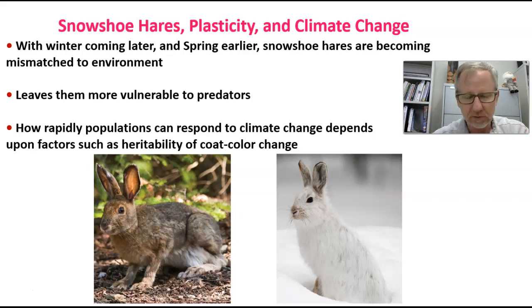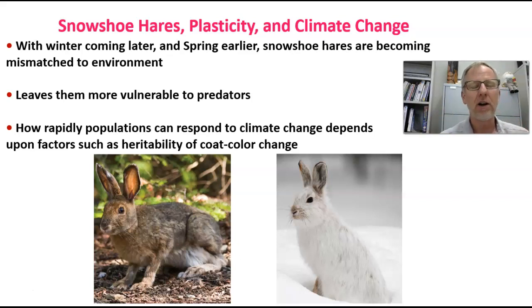So what's going on here is that how rapidly populations can respond to climate change depends on factors such as heritability of coat color change, so the heritability of phenotypic plasticity. In the last slide it was shown that in fruit flies, absolutely, phenotypic plasticity can evolve.